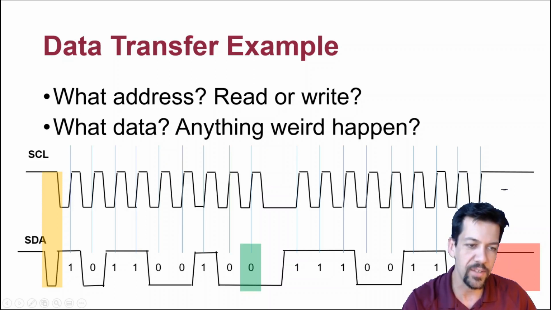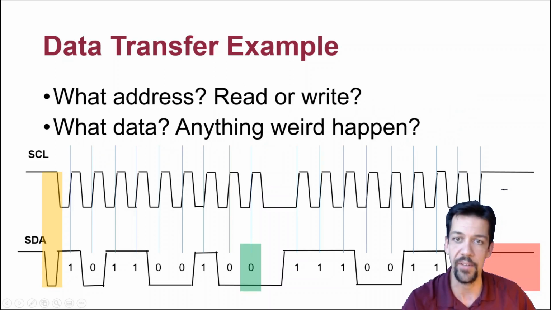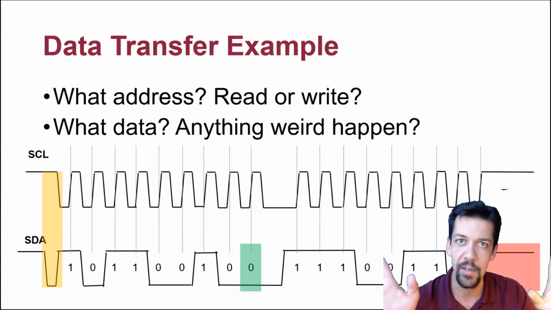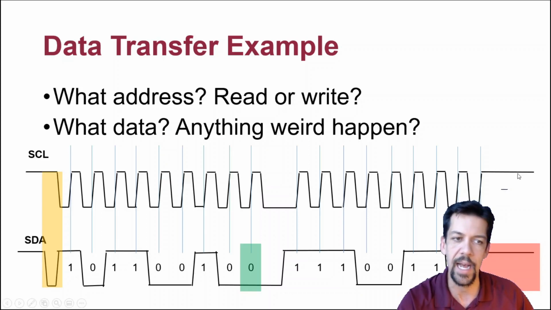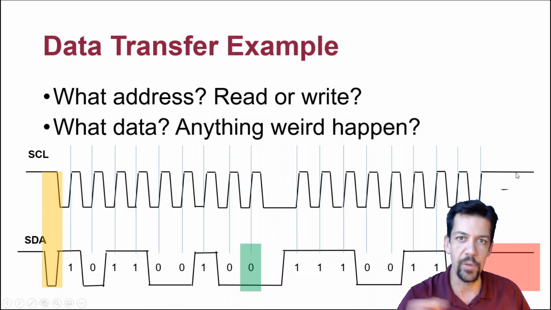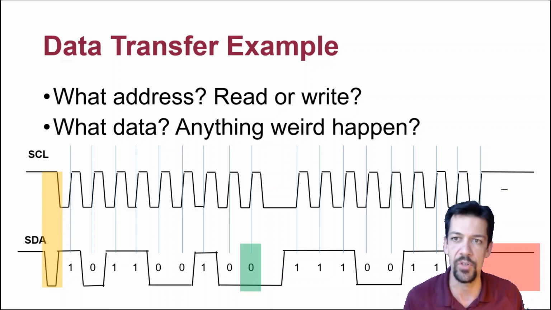And this is a combination NAC. This first little edge here is a not acknowledge, because the master left it high, and the slave said, I'm done. It didn't pull it low, so that's a NAC in this case. And then the clock also went high, so that was a stop, right? So we have an end of transaction here.